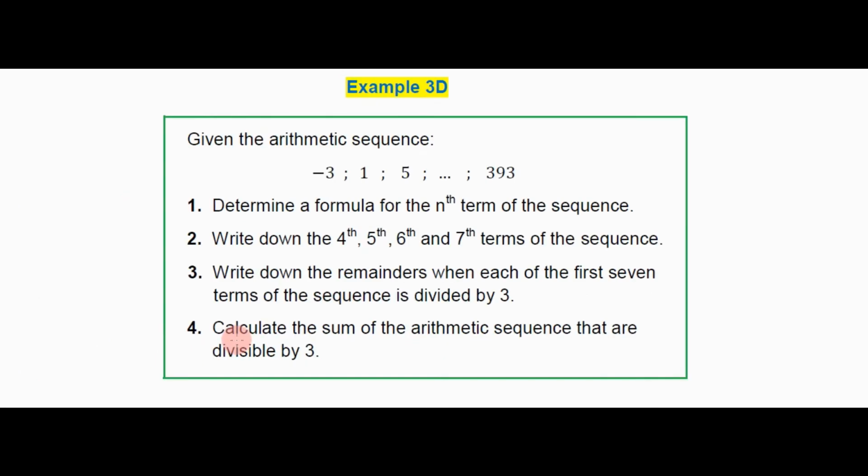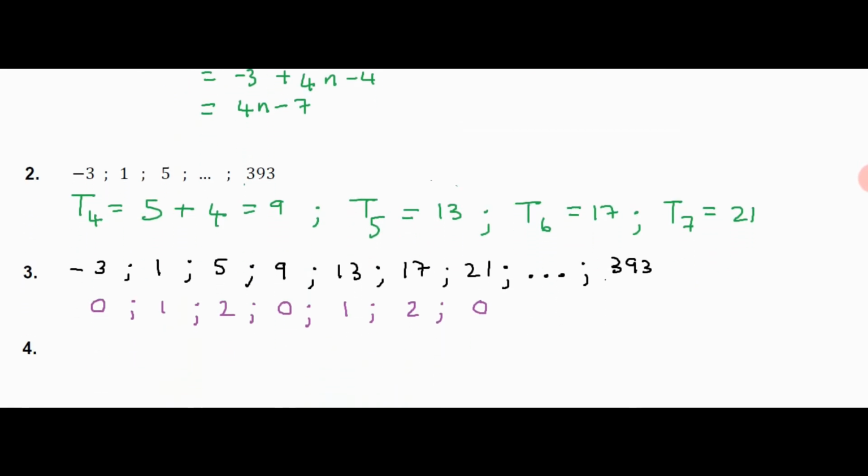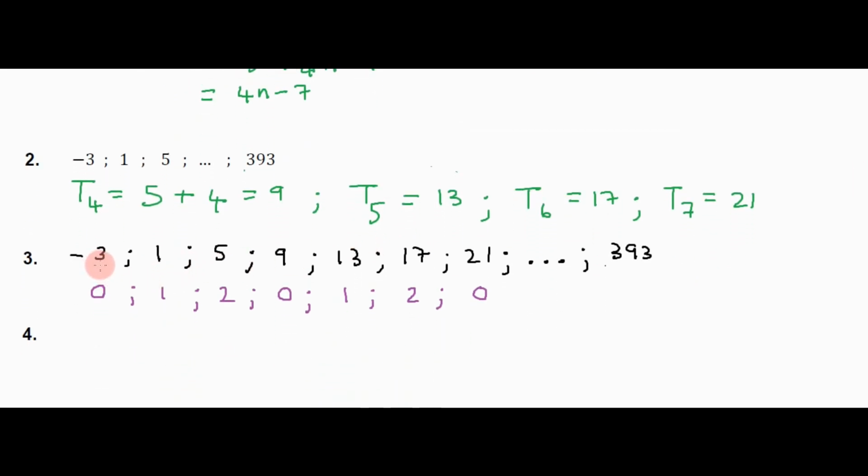Coming to the last question here, it says, calculate the sum of the arithmetic sequence that are divisible by 3. So for this original sequence, we must find the sum of all the terms divisible by 3. And we can use the answer to the third question. We have the terms that are divisible by 3. Those are the terms with remainder 0.